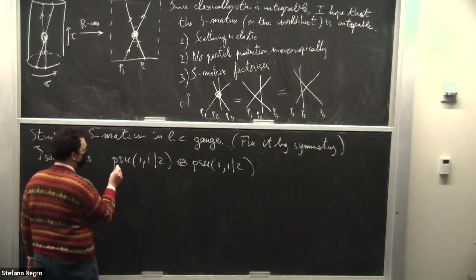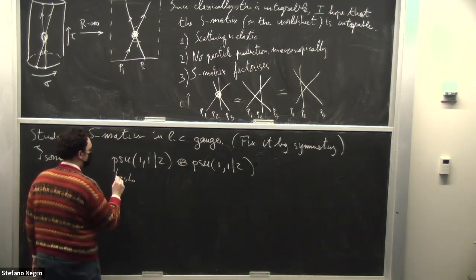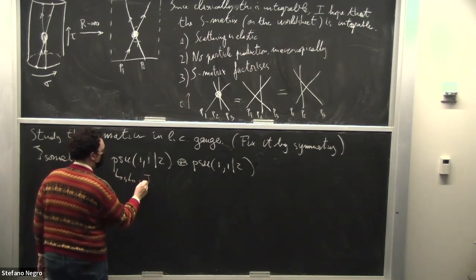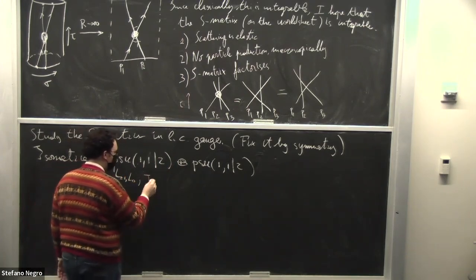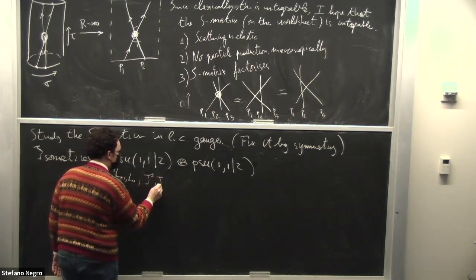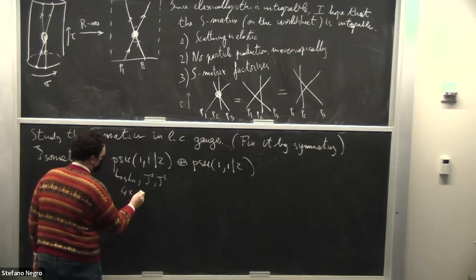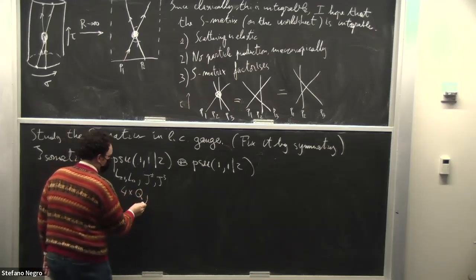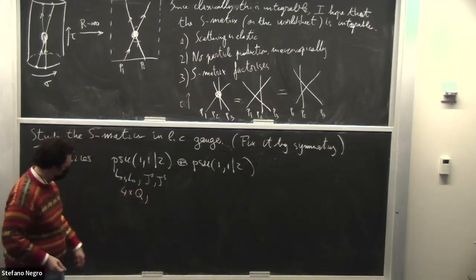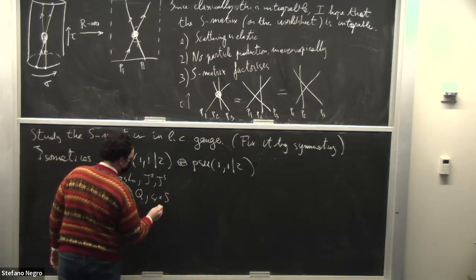So let's say that in here you have an SL2, so L plus minus 1 and 0. You have an SU2, which is your R charge, J plus minus and J3. And then you have 4 supersymmetry generators and 4 you would call superconformal generators.